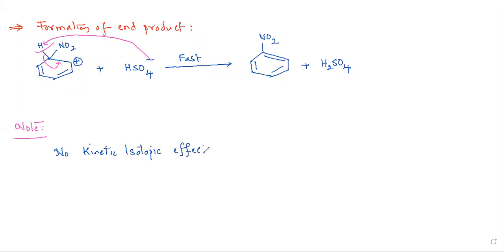A very important point. As I said, even in this, the carbon-hydrogen bond is undergoing cleavage in the fast step, not in the rate determining step, right? So this is the mechanism of nitration.